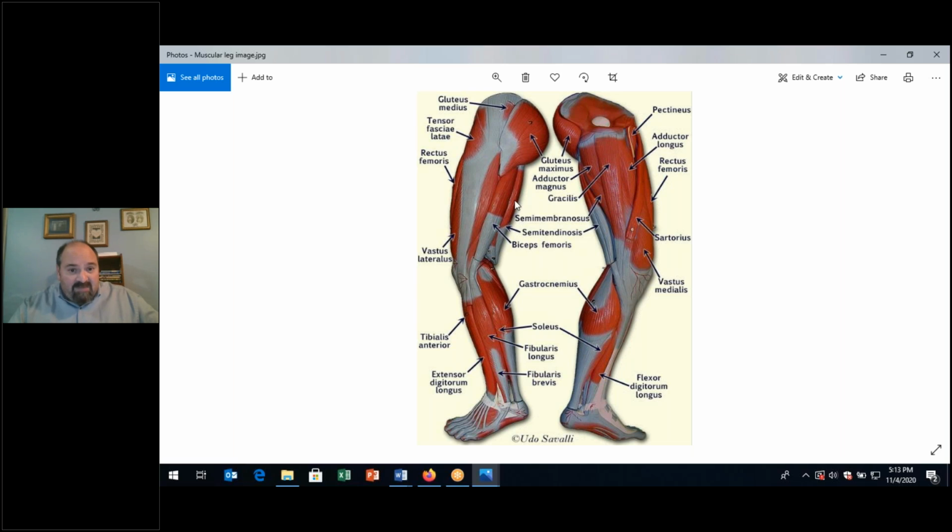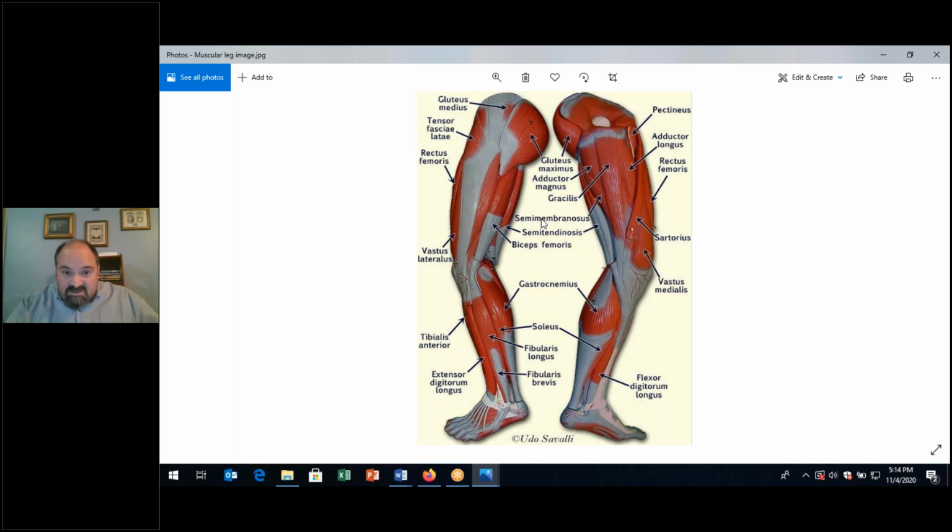Okay. Now, as we go then to the posterior aspect of the thigh, we're looking at hamstring muscles. So the lateral aspect would be the biceps femoris, and then you'll have semitendinosus and semimembranosus. And semimembranosus would be more medial than tendinosus, and it's deeper.